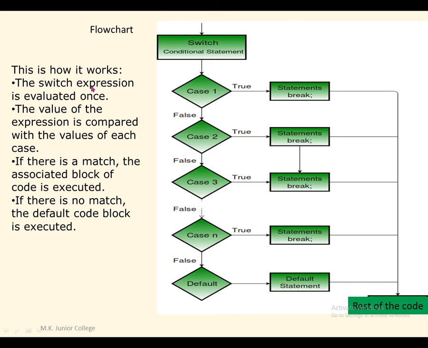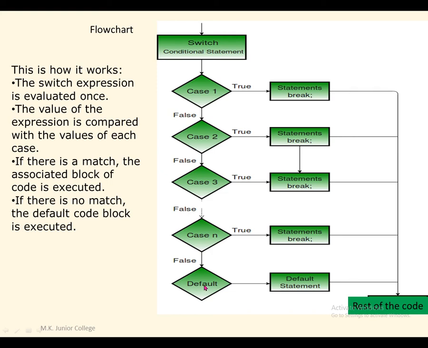The switch condition or expression is evaluated once. First, the value of the expression or condition is compared with the value of each case. If there is a match, the associated block of code is executed. If there is no match, the default code block is executed, which is at the last.